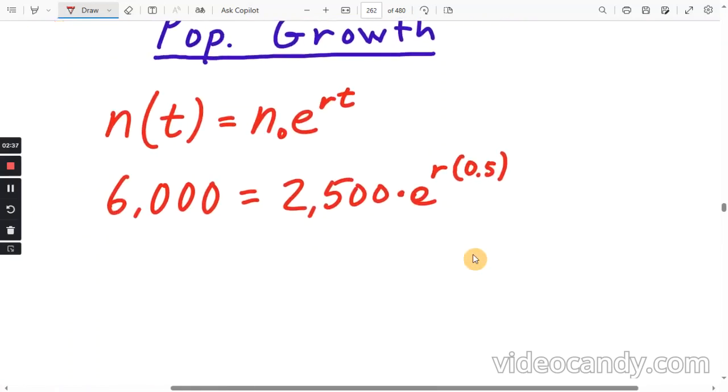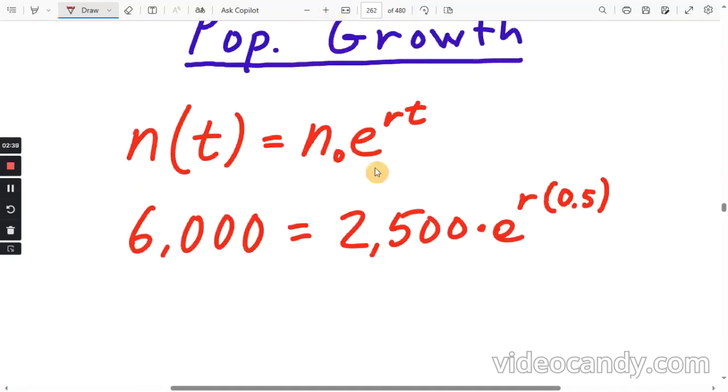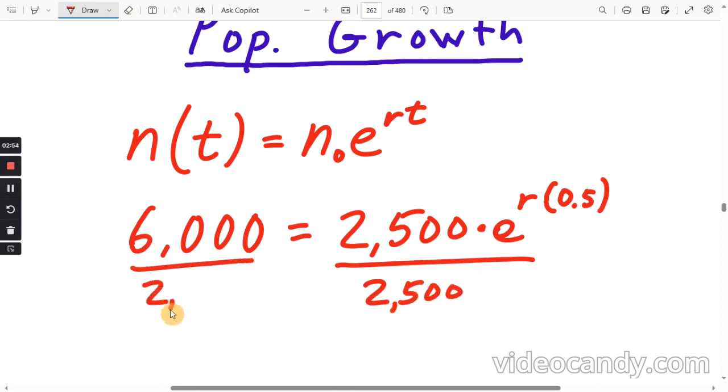All right. So, as always, the exponent is only on the e, so we want to get rid of the constant term, the coefficient, times 2,500. The opposite is divided by 2,500. Do that to both sides. On the right, it cancels.